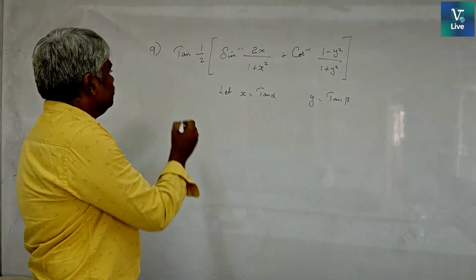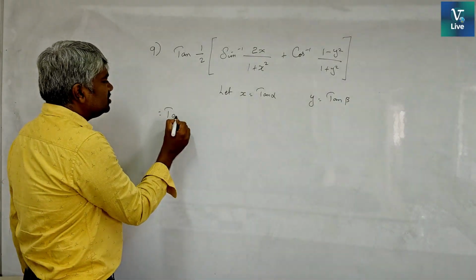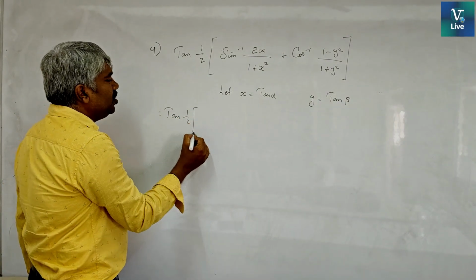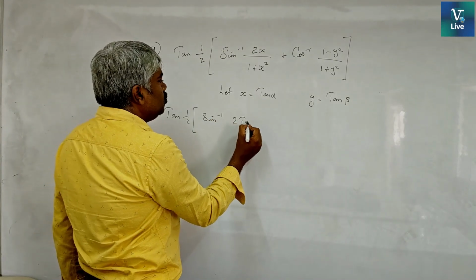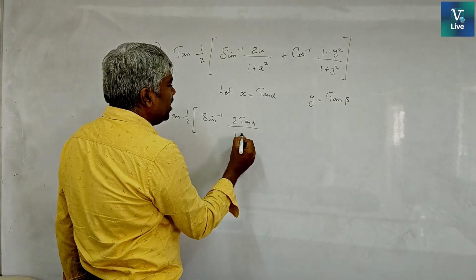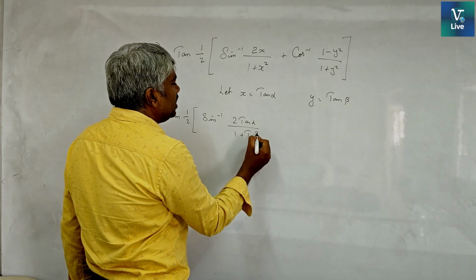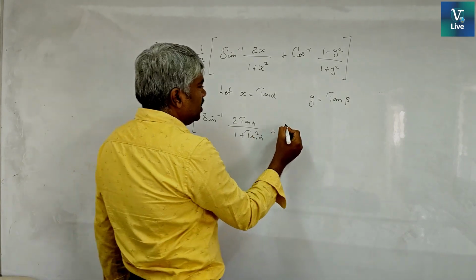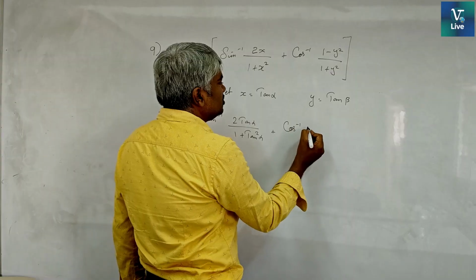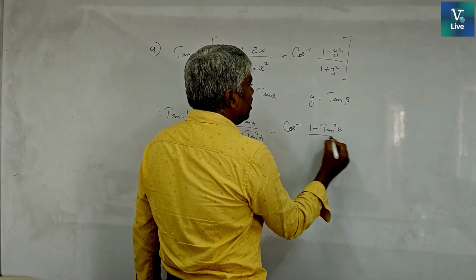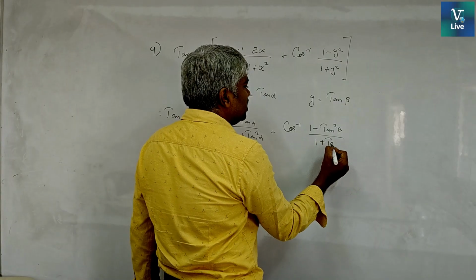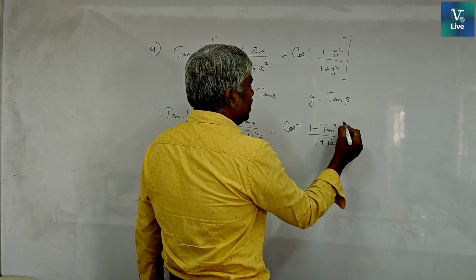Now substitute the given data: tan of 1 by 2 into sine inverse of 2 tan alpha by 1 plus tan square alpha, plus cos inverse of 1 minus tan square beta by 1 plus tan square beta.